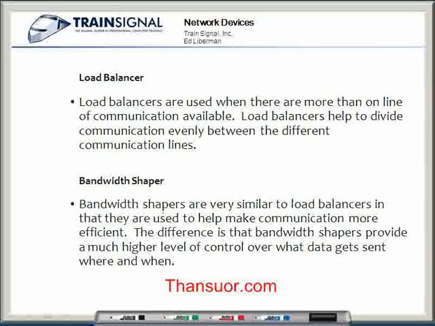I mentioned something called clustering when I was talking about multiple servers so that we could have fault tolerance. Well, another form of clustering is load balancing, where you have more than one server servicing the clients, and then you balance the load between them. Well, when it comes to networking, a load balancer is used when there's more than one line of communication available, and the balancer will divide that communication between the different communication lines.